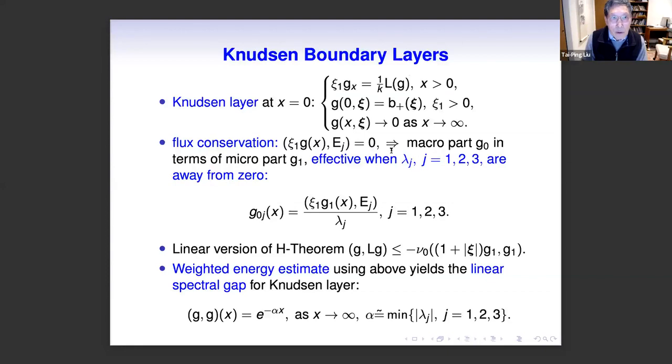Now we decompose G into G0 and G1. After some simple calculation from this conservation law, you find that the macro part of G can be expressed in terms of the micro part.